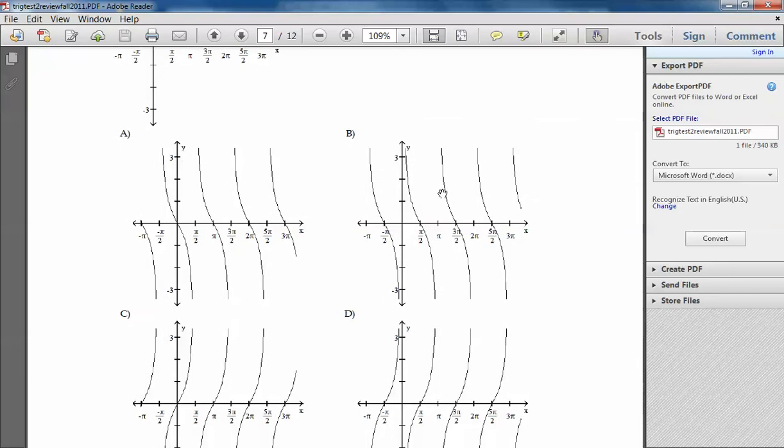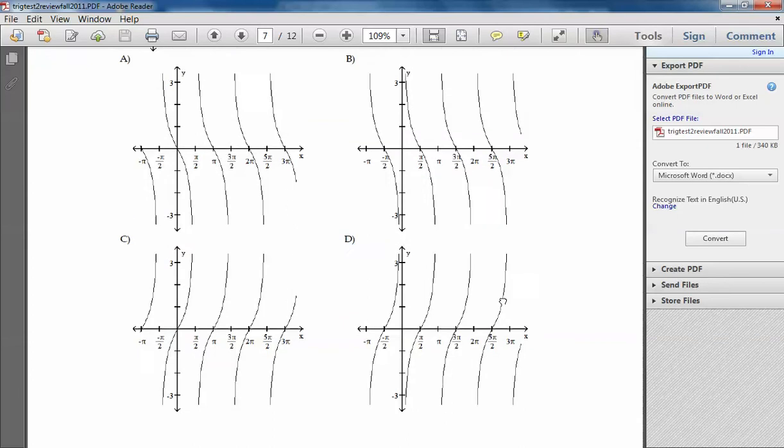The way that I know is because I could draw a dotted line there. Okay, it looks like it's going to be B. That's the only one that's up and to the left and down and to the right that crosses at pi over 2, 3 pi over 2, 5 pi over 2, or has vertical asymptotes at 0, pi, 2 pi, 3 pi, so on and so forth. Okay, so the answer there is B.